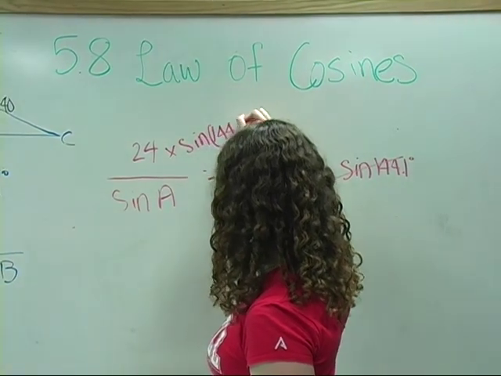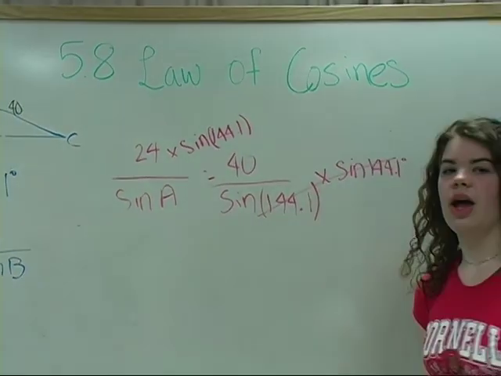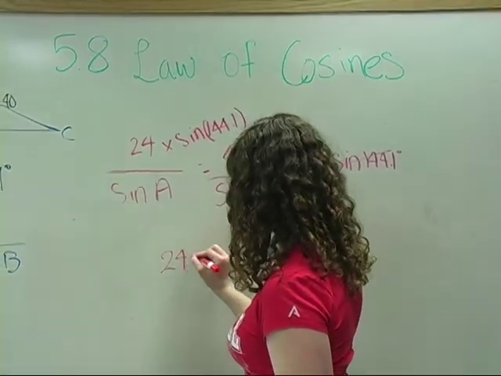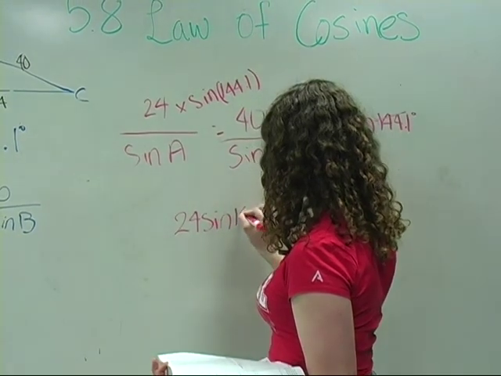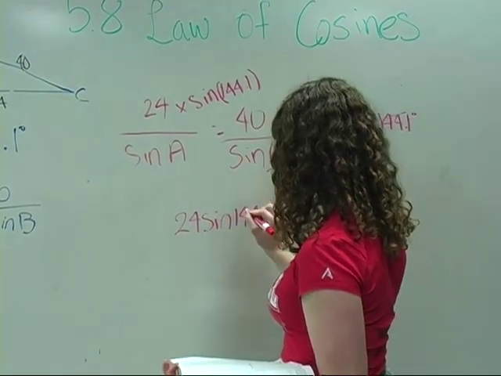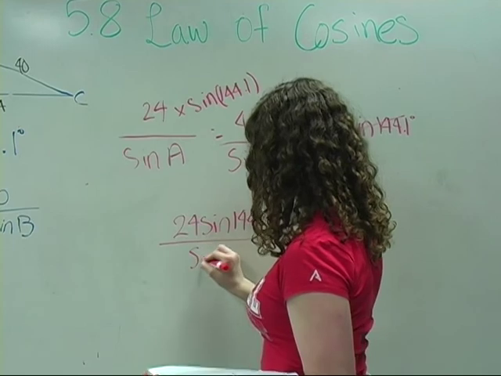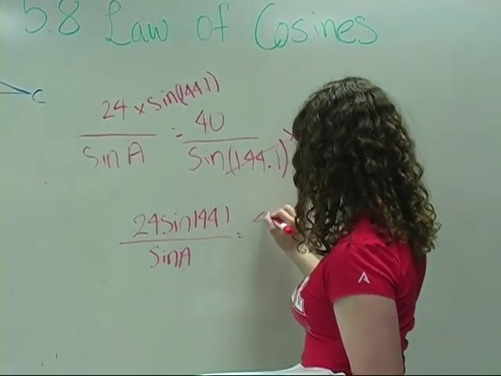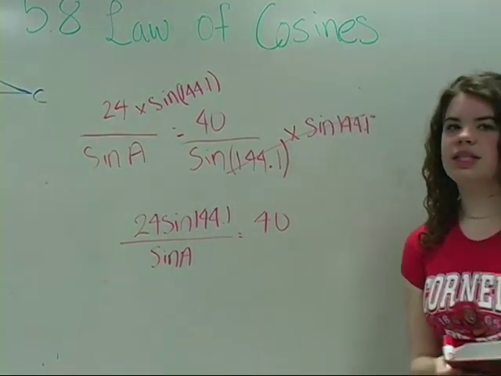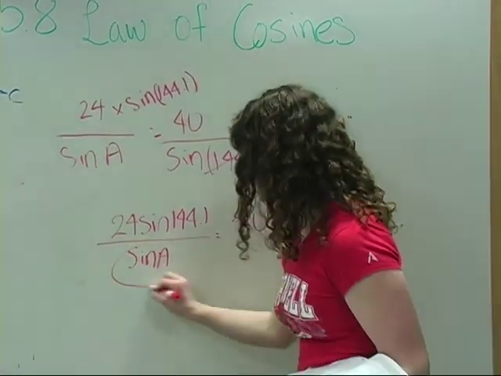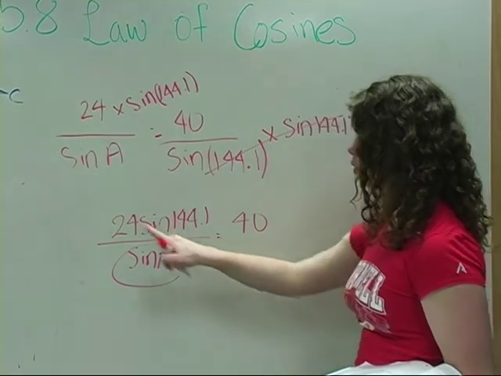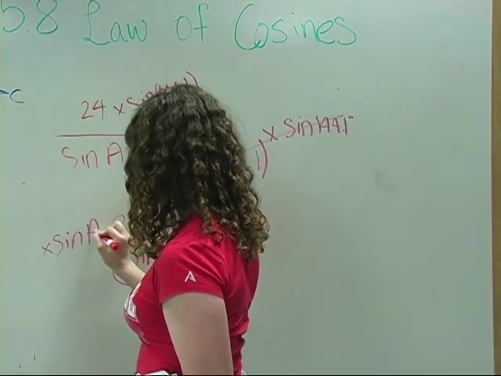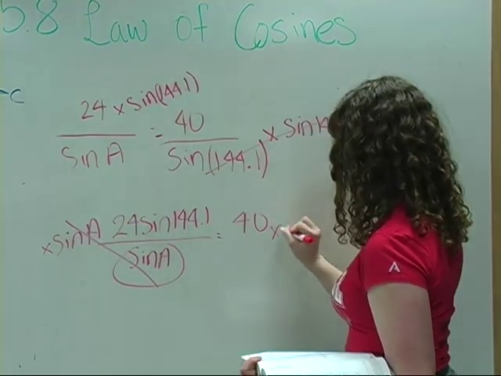And we are left with 24 sine 144.1 over sine of A equals 40. Now this isn't what we want. We want to isolate sine of A. So we have to multiply each side by sine of A to get rid of it from the bottom.